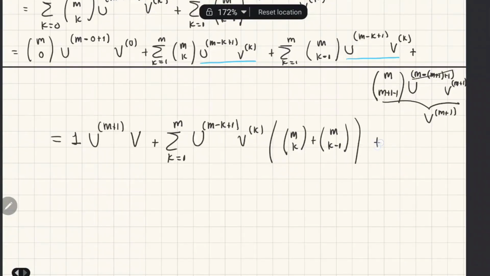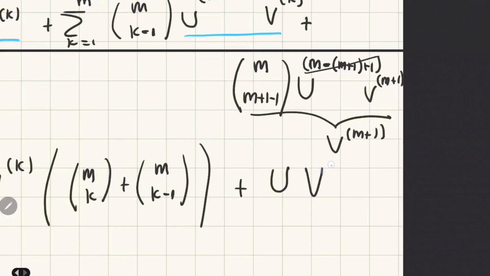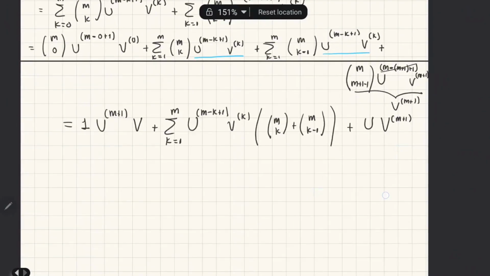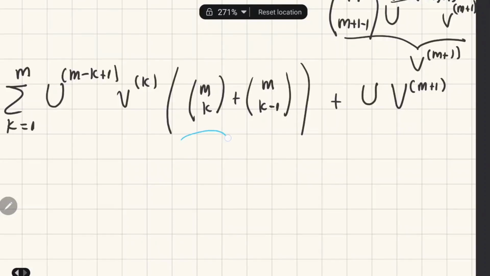And then plus a last element that, recall, it is u to the 0, right? But that is u, m choose m, which is 1, and then b to the m plus 1. Okay, perfect. Now we are going to be interested in calculating what this is.